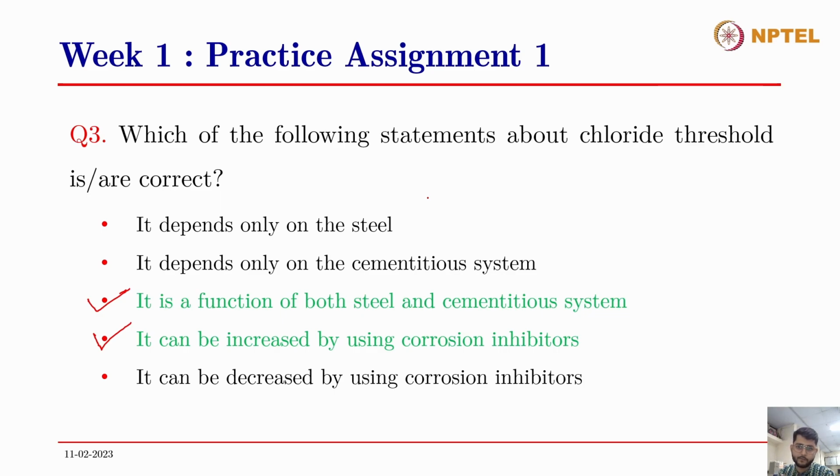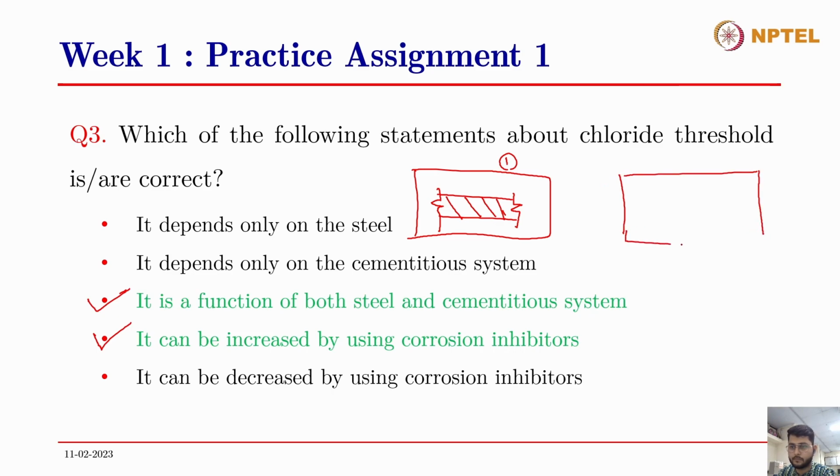Now, consider structures with different chloride thresholds. This is a rebar inside a concrete system, and this is system one. This is another system, with another rebar inside it, and this is system two.